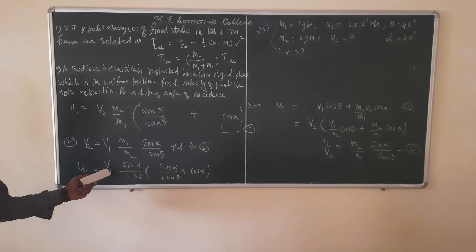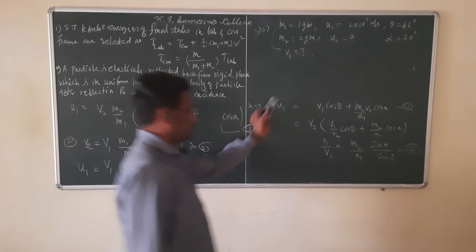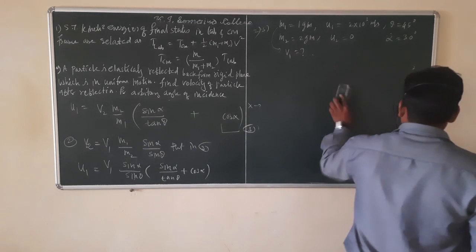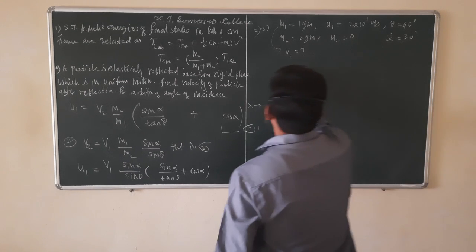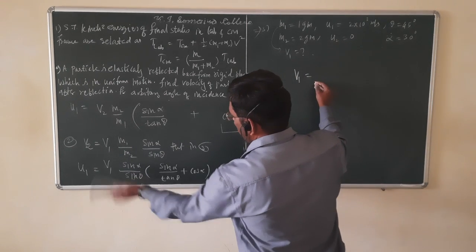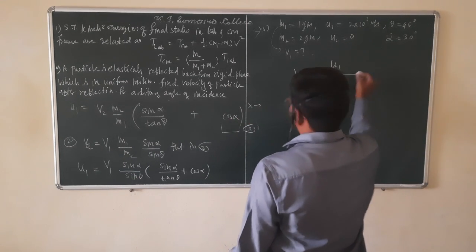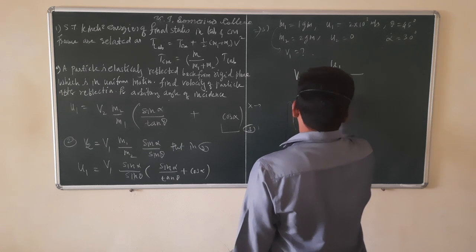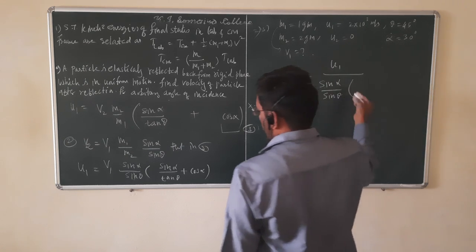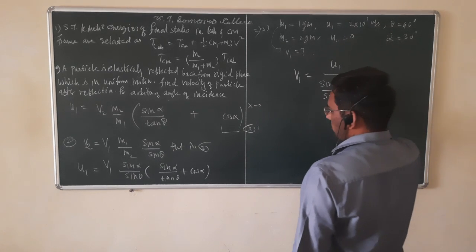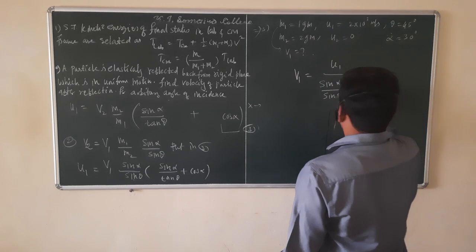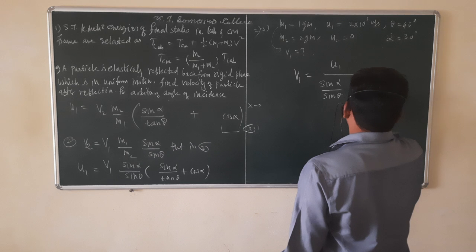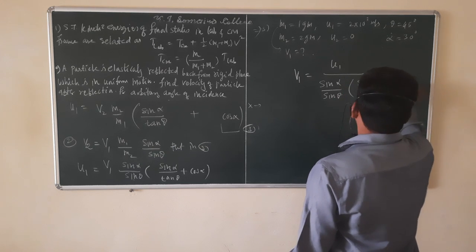So if you solve this equation for v1, v1 is equal to u1 divided by sine alpha divided by sine theta in bracket, sine alpha divided by tan theta plus cos alpha.